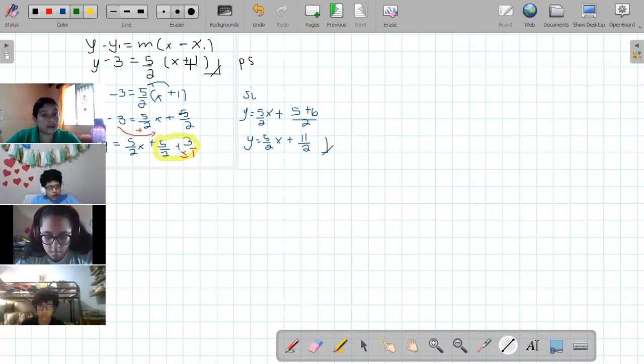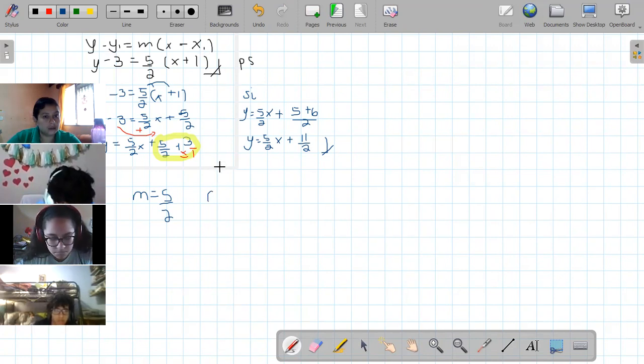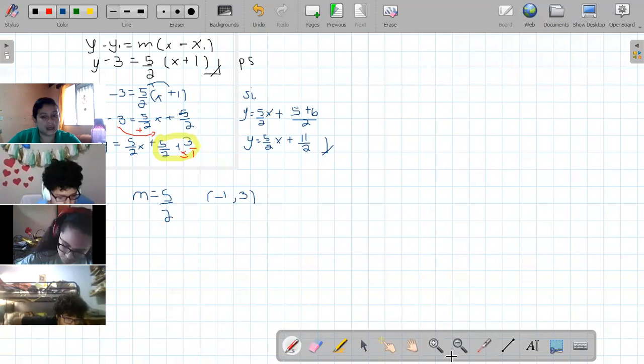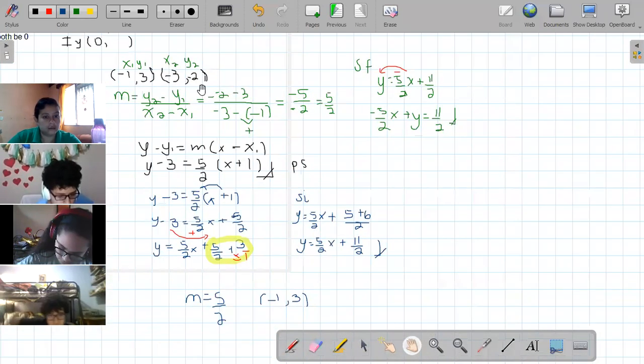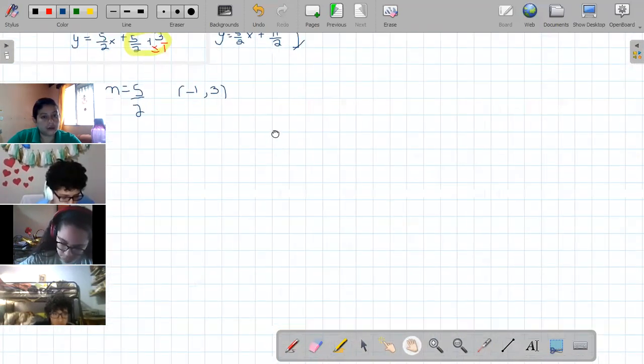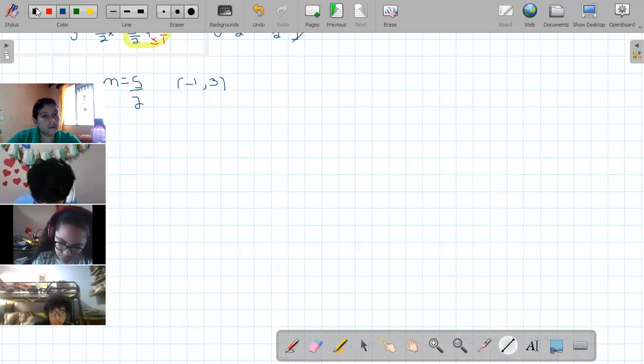Now remember, this is the point slope form. So for the graph, m is equal to 5/2. And the given point x1, y1 is -1, 3, because that's the point that I decided to use, right? -1, 3. So those are the ones that I'm going to use to graph.